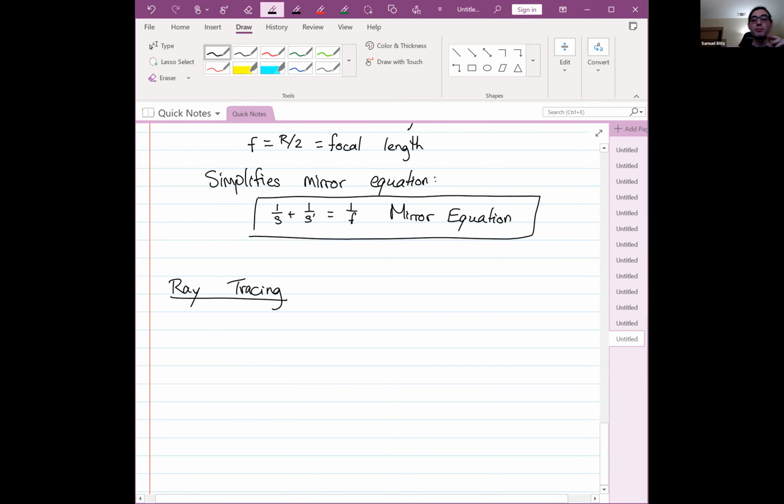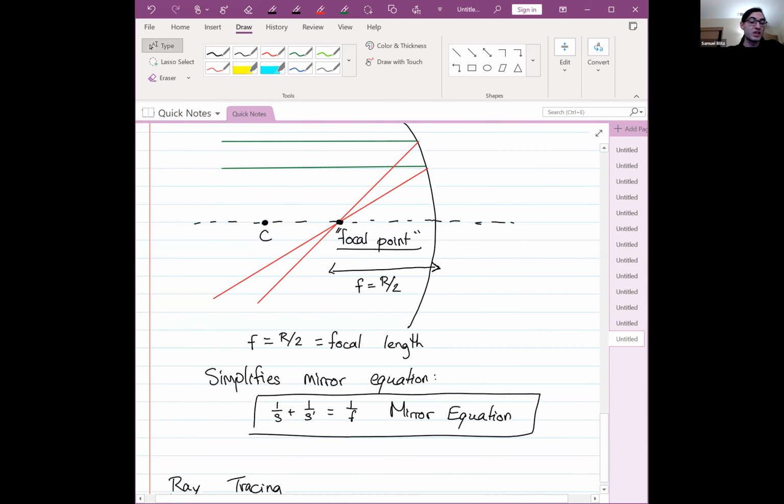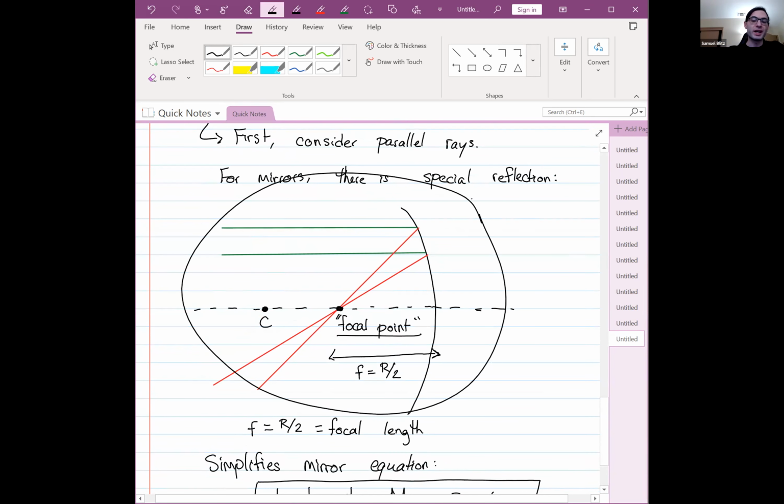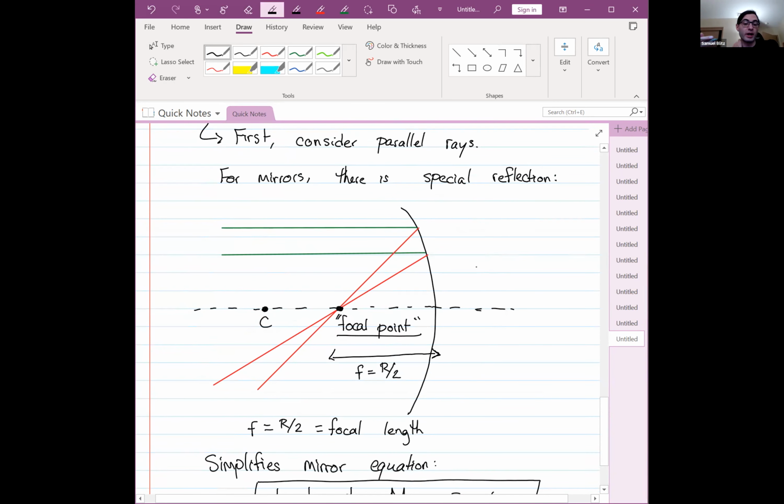Ray tracing more generally is just shooting out rays from an object, seeing how they interact with the environment, and then tracing where they end up. That's basically what we've been doing. This would be an example of ray tracing. We shot out some rays, in this case parallel rays, and let them interact with the environment, in this case a mirror, and then figured out where they ended up. So ray tracing can help us, using geometry, figure out where and how high an object is.